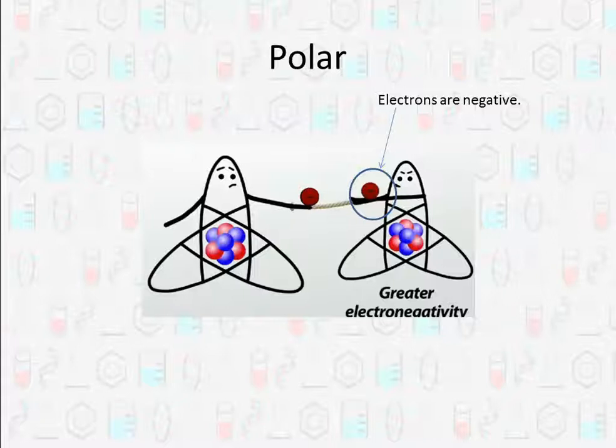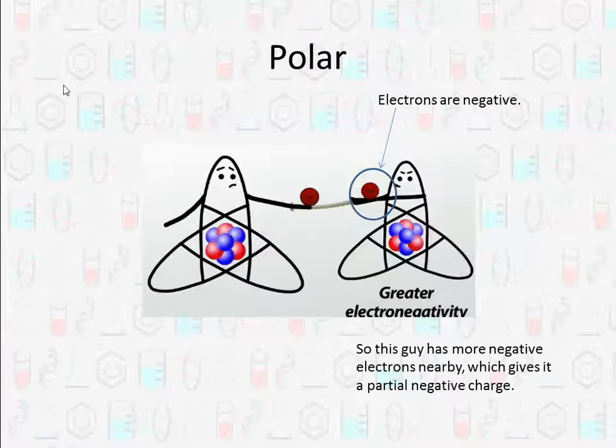Electrons have negative charges. So what that means is that this guy right here has more negative electrons at any given time than this guy does, and that gives this guy a partial negative charge. The negative electrons spend more time here, giving this guy a partial negative charge.